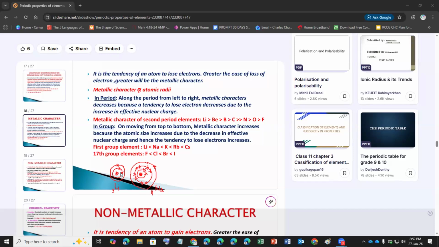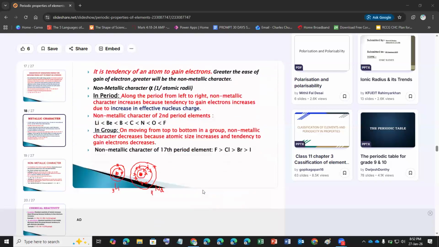So the metallic character will definitely increase as you go from top down in a group. Of course, you can guess that non-metallic character is the opposite of metallic, and so it will be the flip of metallic. If you can explain metallic, you can definitely explain non-metallic.